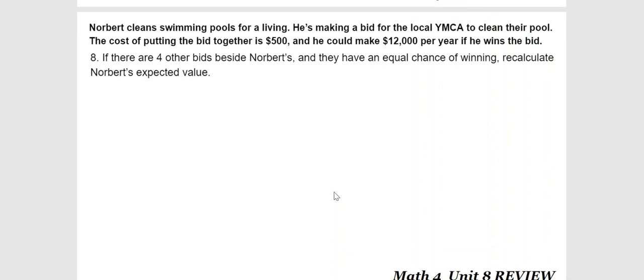Now this is basically the same problem, but instead of 3 other people, now there's 4 other people, which means that my percentages just changed. If there are 4 other people, that means there are 5 total bids, which means he has a 20% chance of winning and an 80% chance of losing. Now, the numbers down here are largely the same.